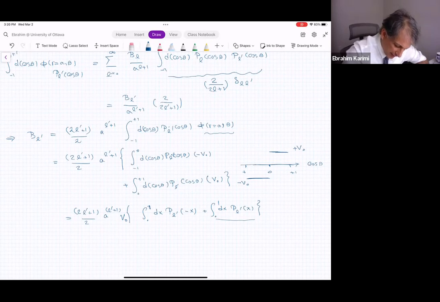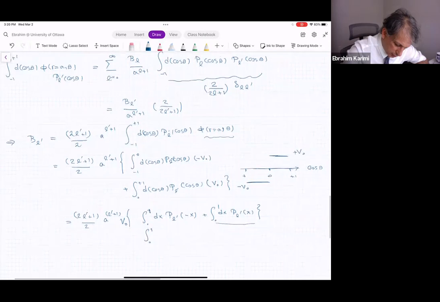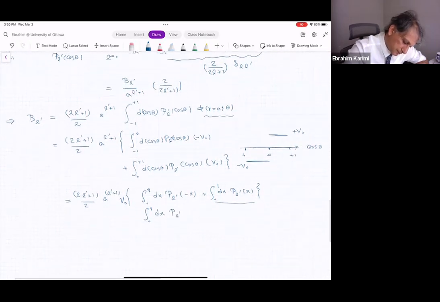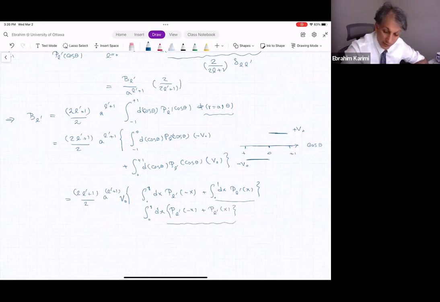So what does it mean? I can simplify this expression. It will be the integral from 0 to 1 of dx [P_L'(minus x) plus P_L'(x)]. If the function is even, that will be 2 times the value that you are expecting.